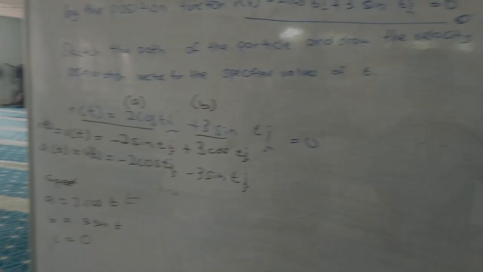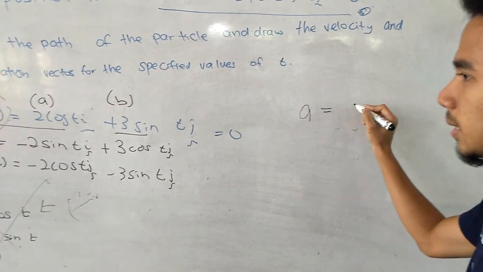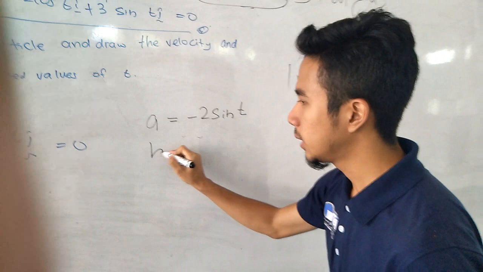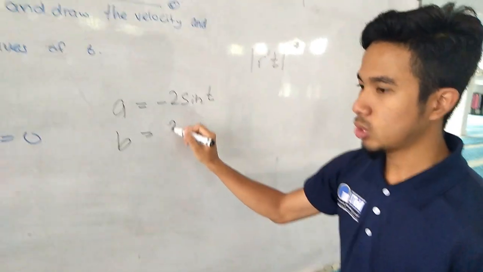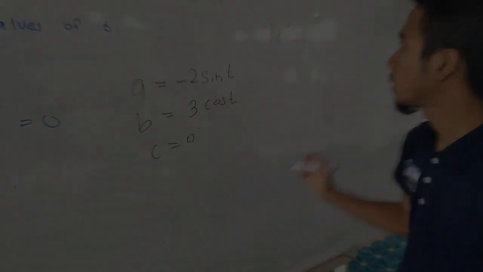If you want to find speed, you need to use this. So a for that part is negative 2 sin t, while b is 3 cos t, and c is 0.